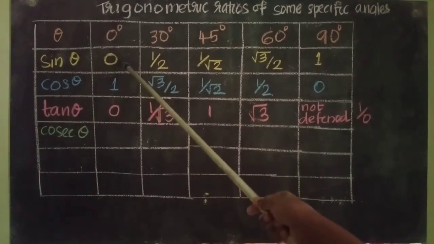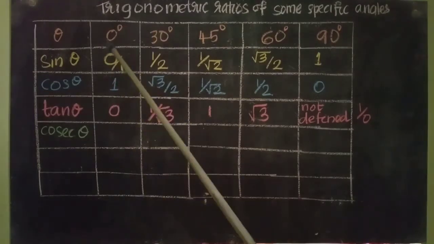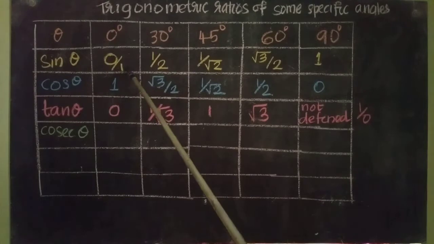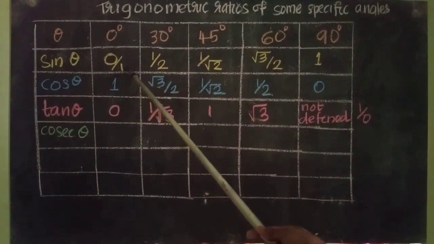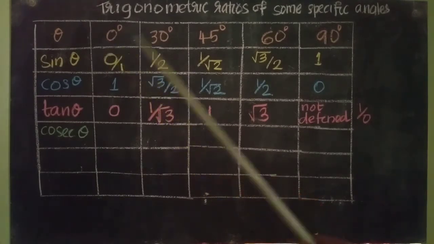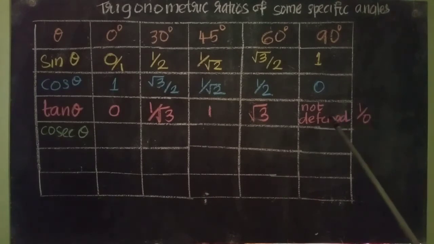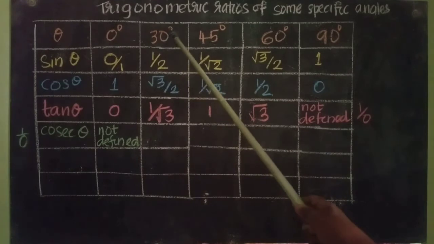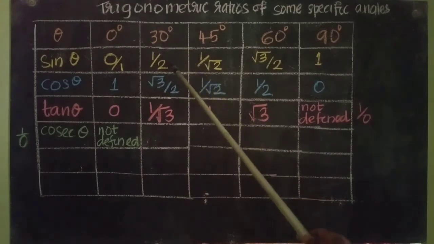What is the reciprocal of 0? 0 is actually 0 divided by 1. So its reciprocal is 1 by 0. What is this 1 by 0? It is not defined.